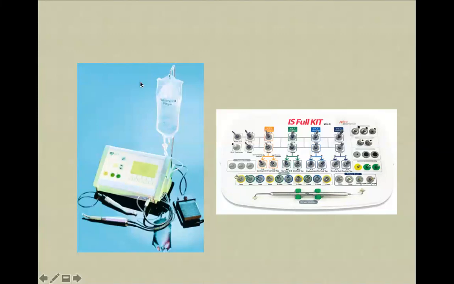Another very important thing, that's equipment, not an instrument, is a physio dispenser. Well, the physio dispenser, as opposed to high-speed handpieces, has a maximum RPM of 20,000. It's not air supported.